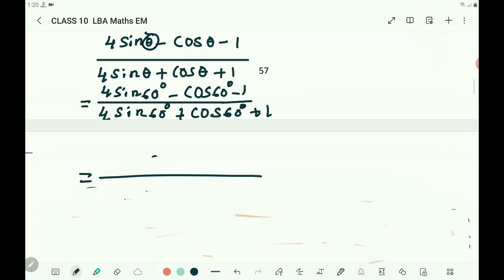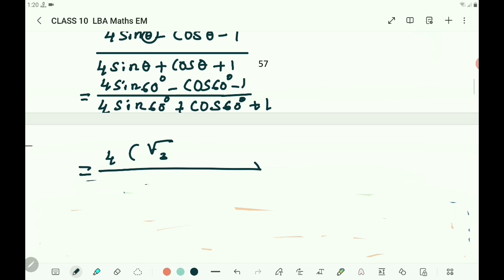Equals 4, you write 4. What is the value of sin 60? Sin 60 is root 3 by 2. Root 3 by 2 minus cos 60. Cos 60 is 1 by 2.